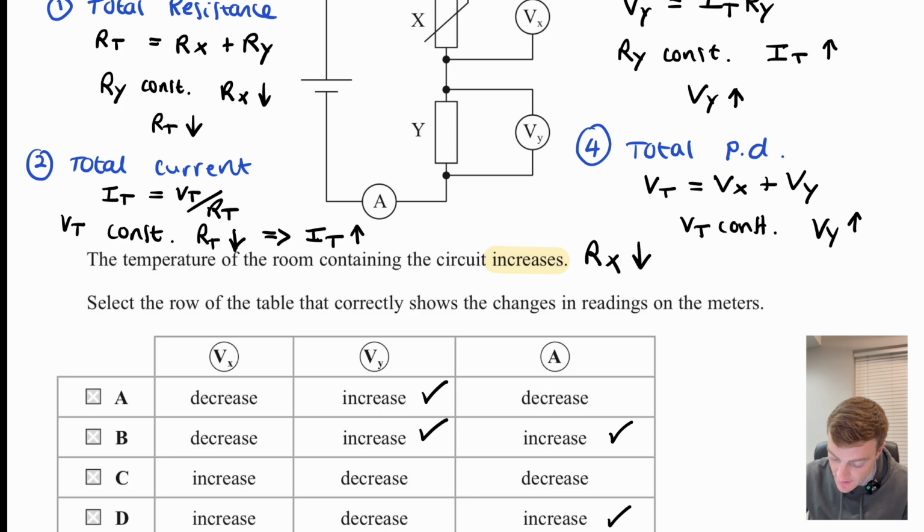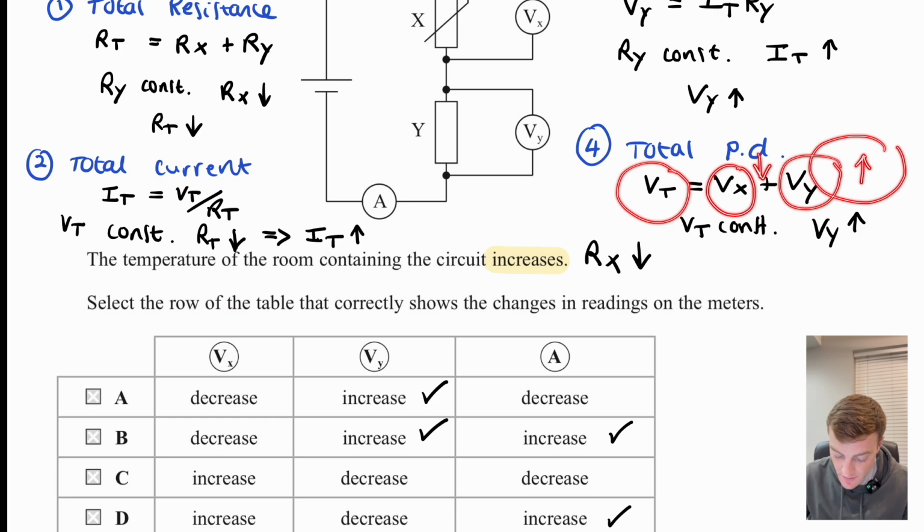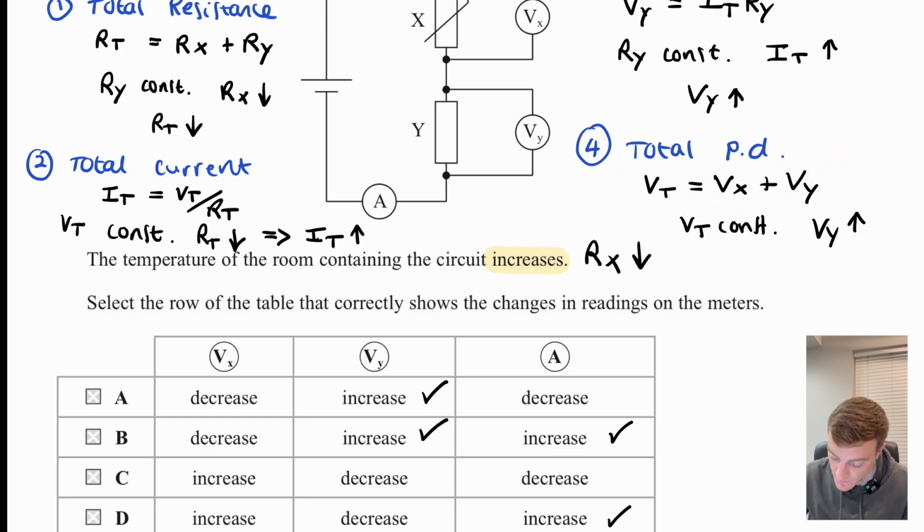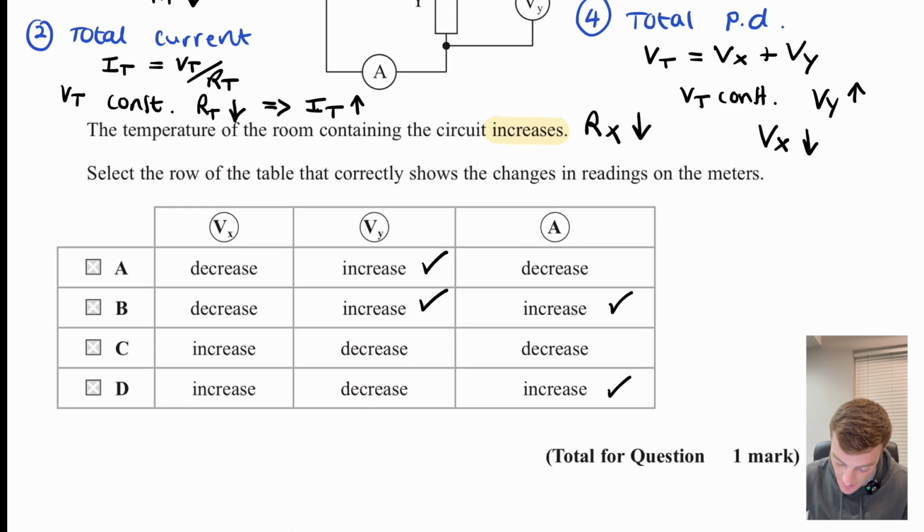VY has increased, so this doesn't change. VY increases, so VX must decrease to offset the increase in VY. So we can say that VX decreases. And there we go. It aligns perfectly with B. So the answer is B.